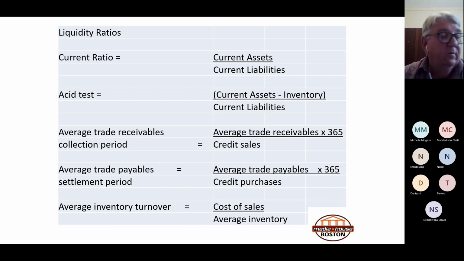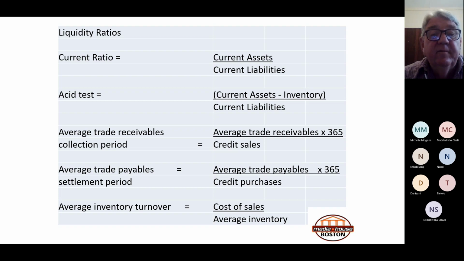So you're going to take your current assets minus your current liabilities. The second one is called the asset test. The asset test is also called the quick ratio. And what does that mean? If we take our current assets and we subtract our inventory from that, we take that amount and divide it by the current liabilities.